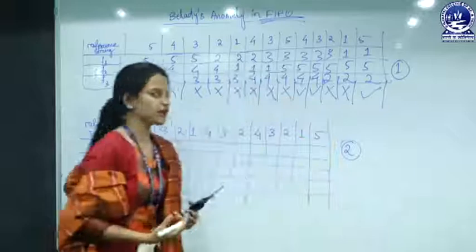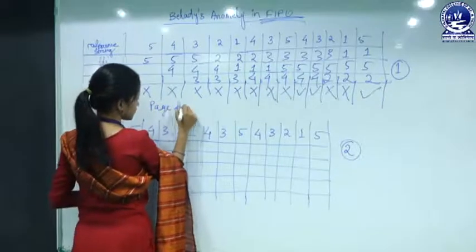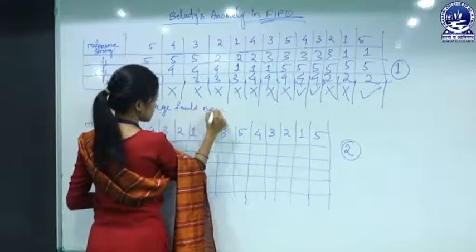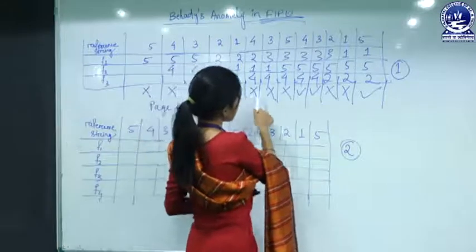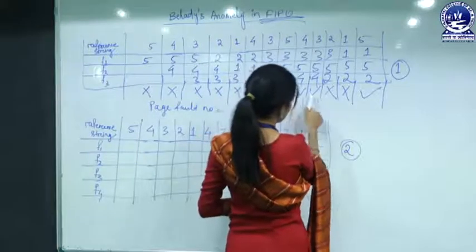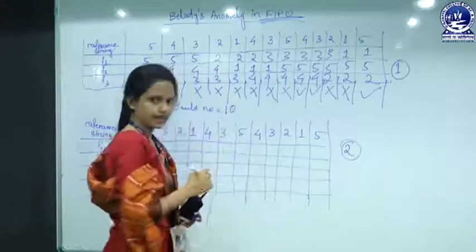So count the page faults. The number of page faults: 1, 2, 3, 4, 5, 6, 7, 8, 9, 10. So the page fault number is 10.